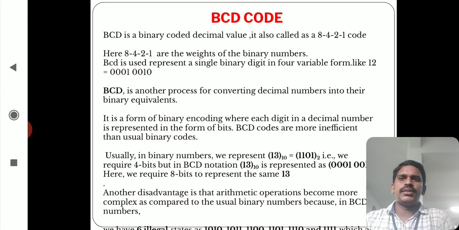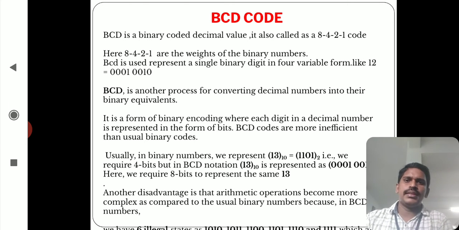BCD is another process of converting decimal numbers into their binary equivalents. We have already discussed in previous classes converting binary to decimal, decimal to binary, and different types of codes into different codes.